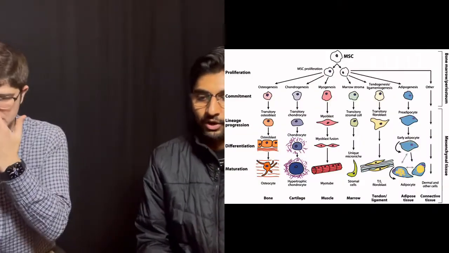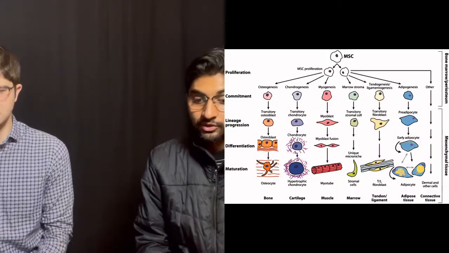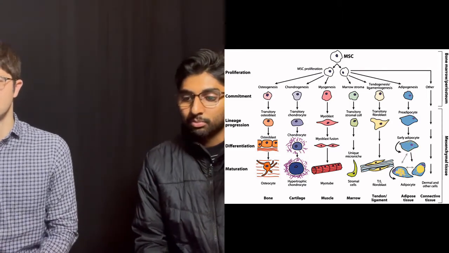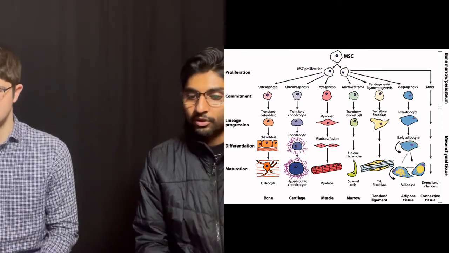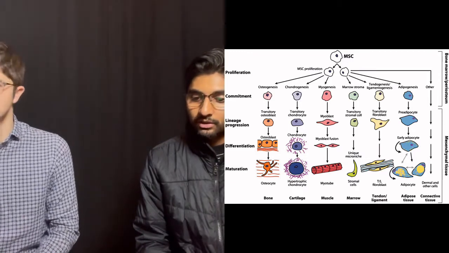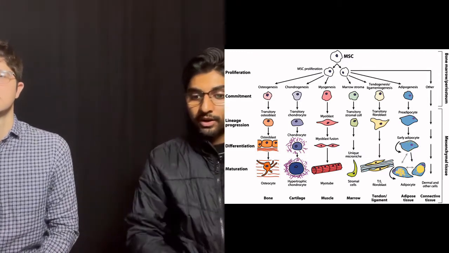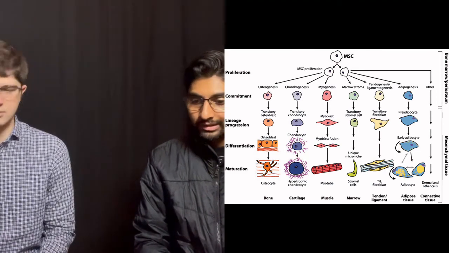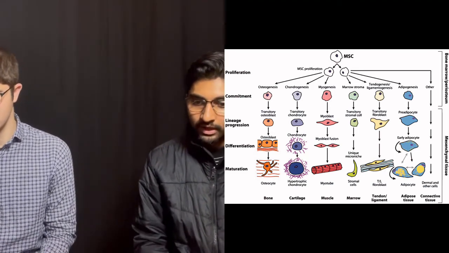On the screen right now, you're going to see a figure that goes over the lineage, and you'll see how at the top MSCs will proliferate, then commit to their lineage, and then they have their entire maturation period. I'm going to go over the 3 on the left, and Nick can go over the 3 on the right.